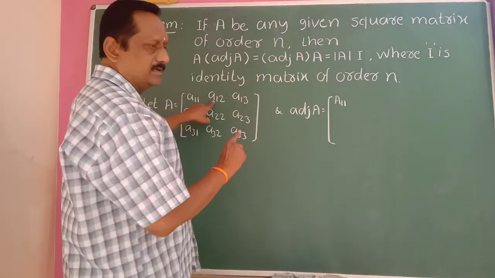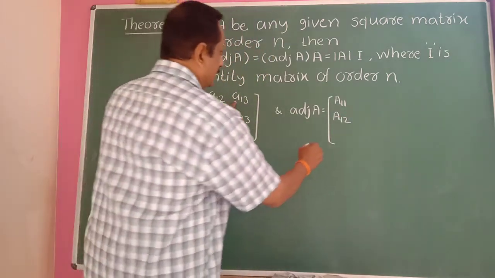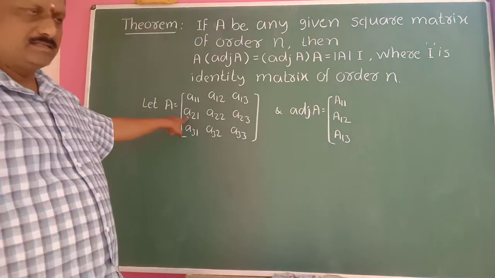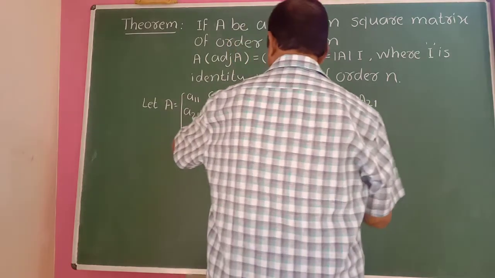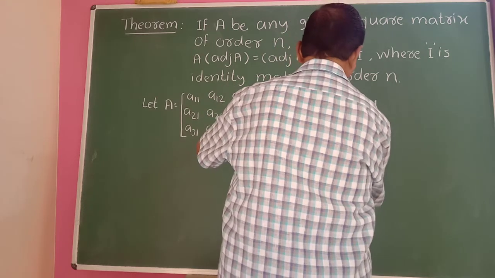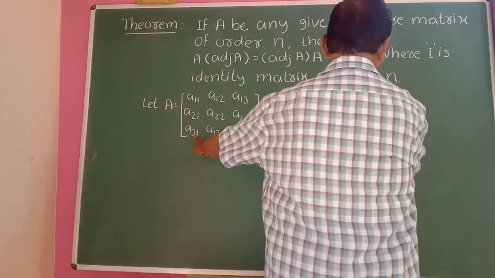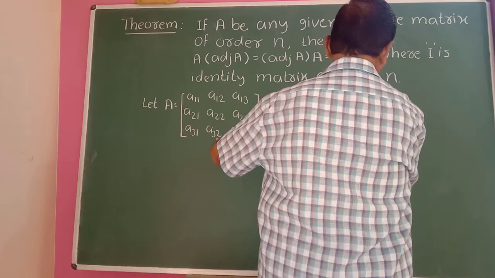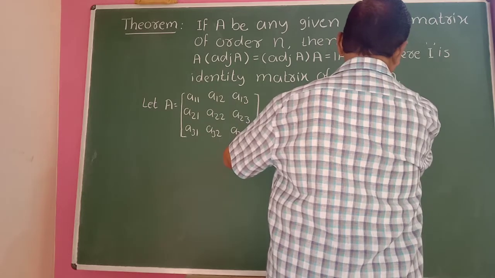The cofactor of this element is A12, the cofactor of this element is A13, then A21, A22, A23, A31, A32, and A33.